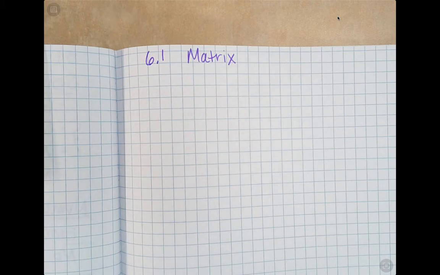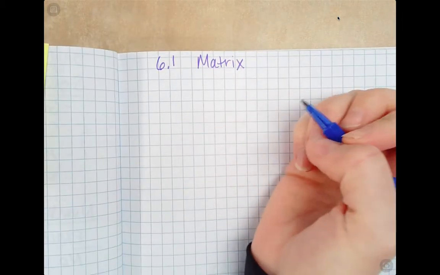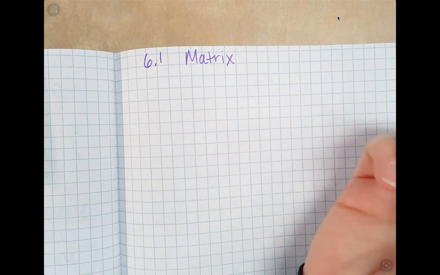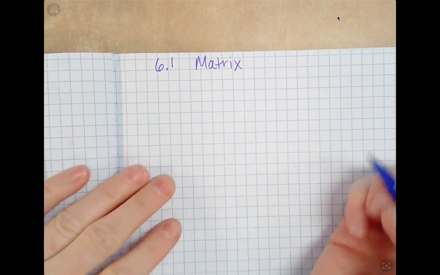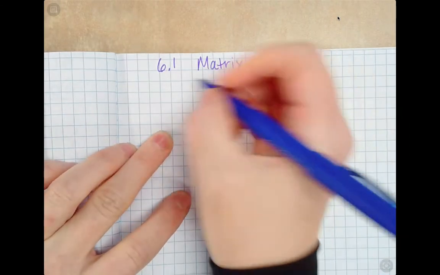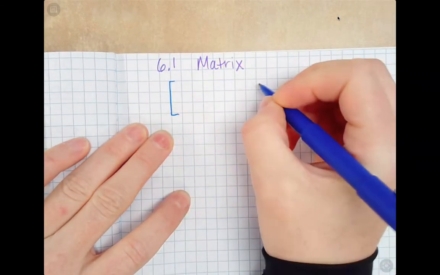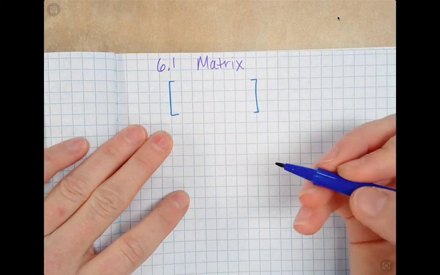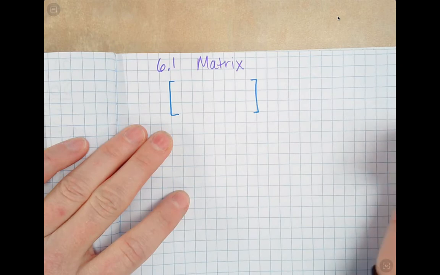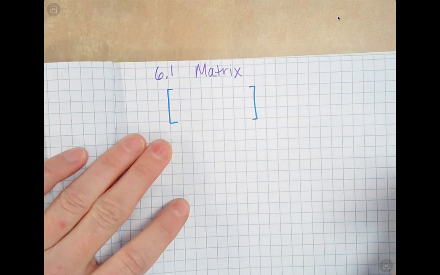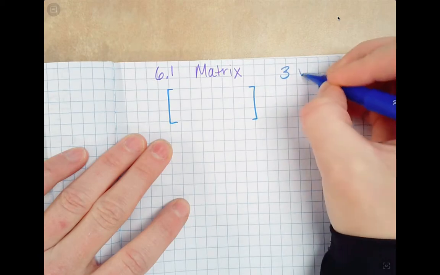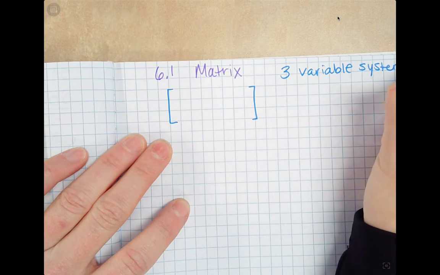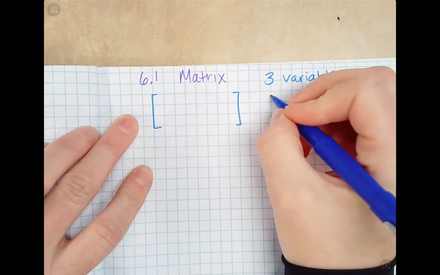So with Matrix, with systems of equations like we were dealing with before, you can translate a system of equations into matrices. So a matrix would be like this. And you just put your coefficients in there as entries. So if it is a 3 variable system, then you will have 3 rows.